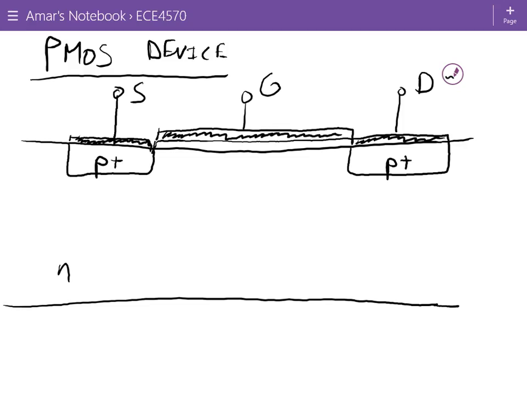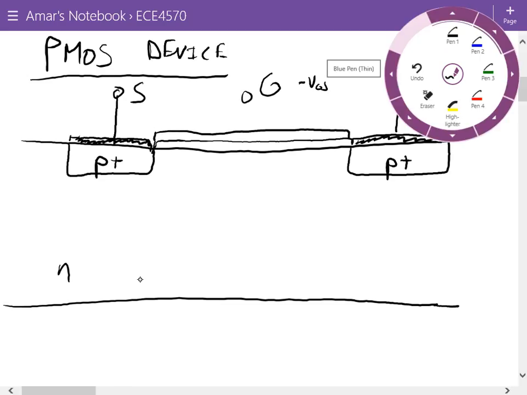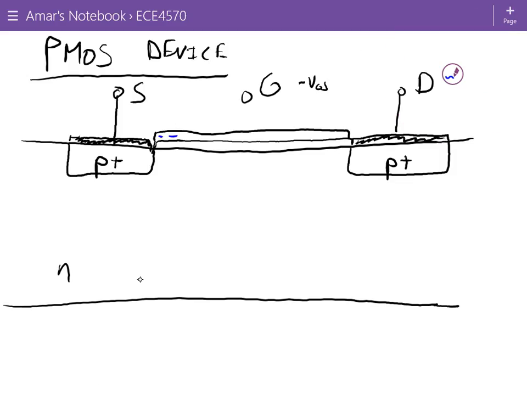What's the polarity of the gate voltage? It's going to be negative, right? So let's say we make the gate voltage negative. Negative VGS. So then you end up building up negative charge here. Negative charge buildup at the gate.